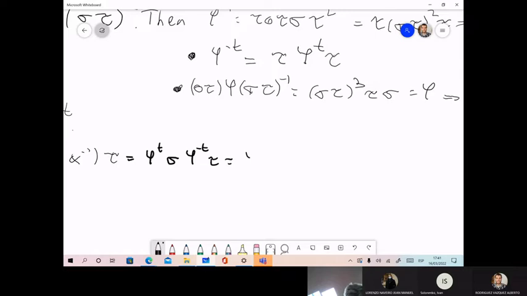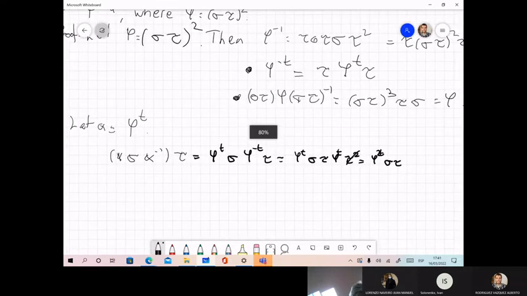So this is phi to t sigma tau phi to t tau squared, which is the identity. And we know that phi to t commutes with sigma tau. So this is phi to t sigma tau.